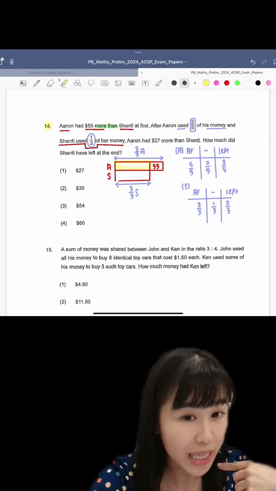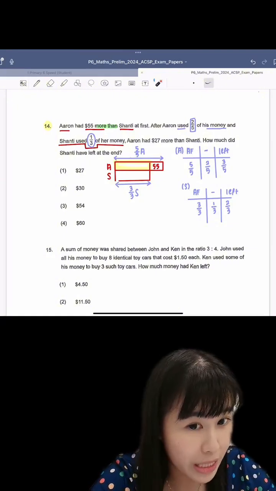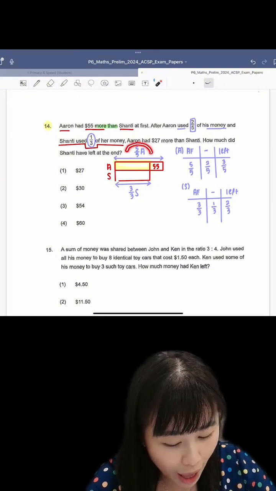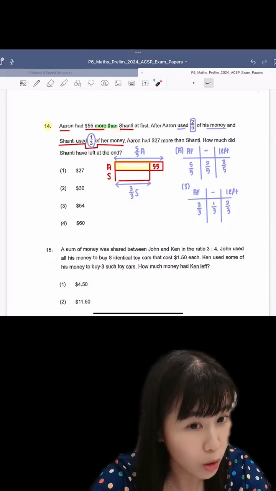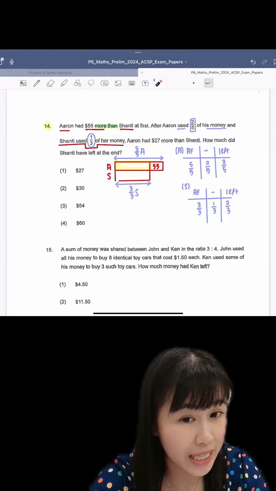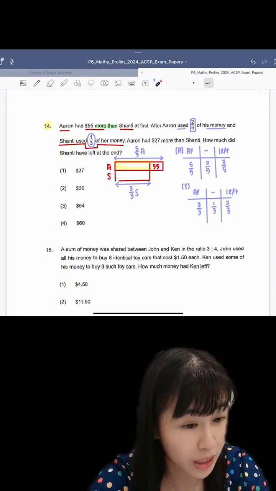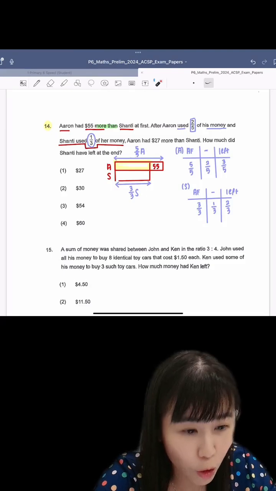Can you tell me how many units you will put in there? Denominator same? Actually, you don't need to make the denominator same, because what Aaron has and what Shanti has are different. So you don't need to make the denominator same, unless they say it's the same at first, then you can. Because the denominator represents what they have at first. Some people say 4U, some people say 3U.